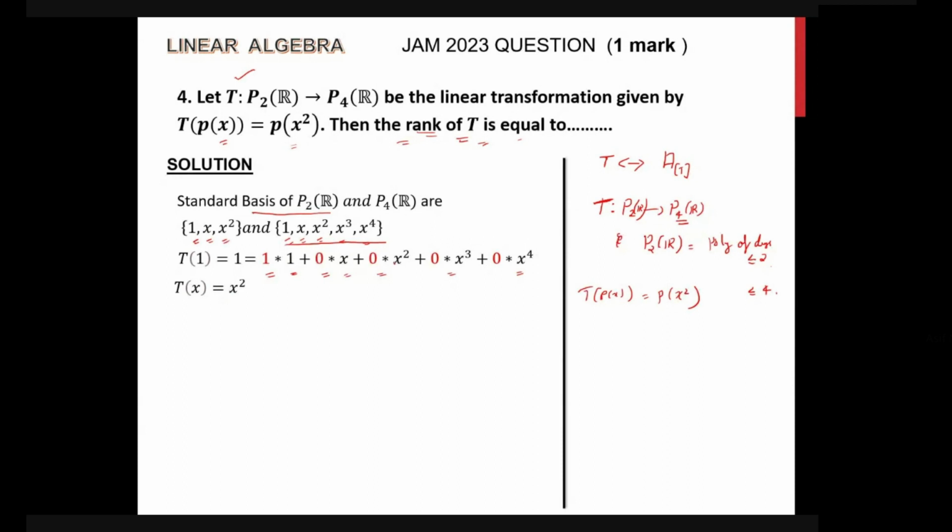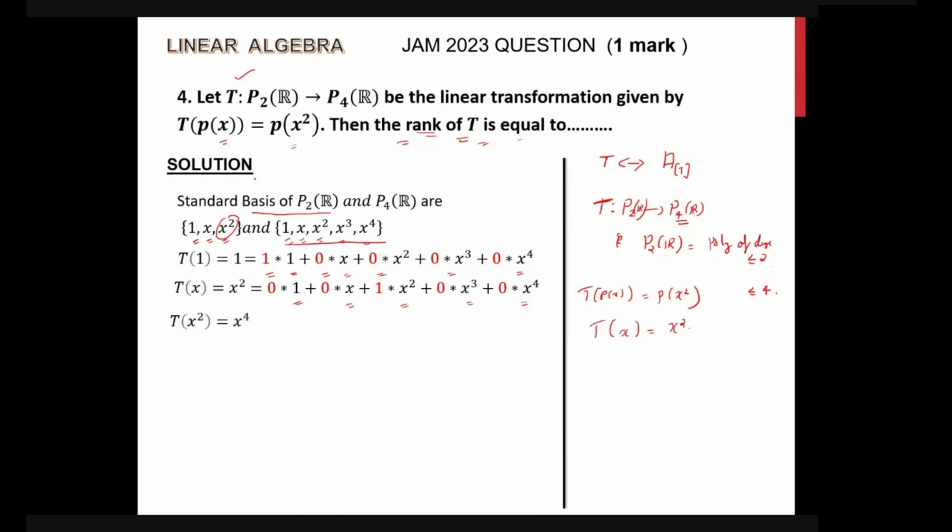Next, T of x. T of p(x), replacing x, maps to x square. So T of x is x square. That can be written as a linear combination: 0 into 1, 0 into x, 1 into x square, 0 into x cube, 0 into x raised to 4. And there is one more element, x square.